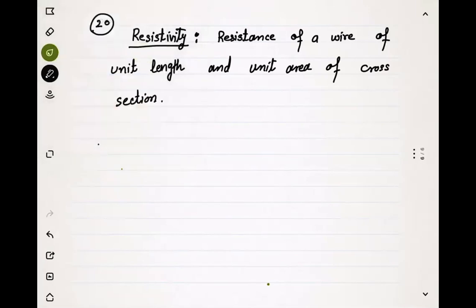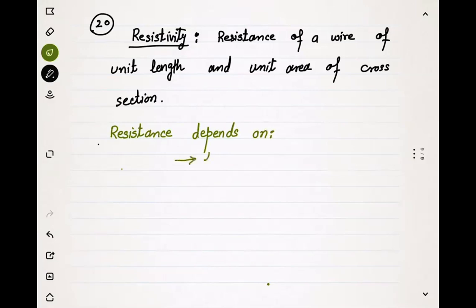Basically, what is the difference between resistivity and resistance is that resistance depends on the factors on which resistance depends.